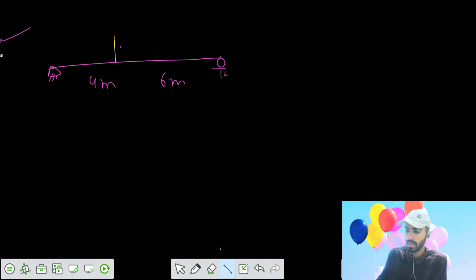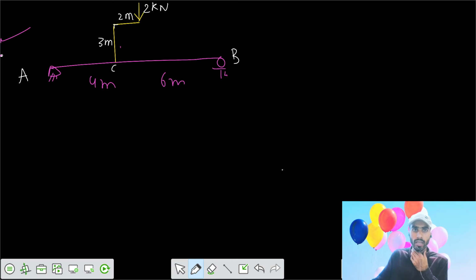You have plates added. Say this plate is a 3 meter length plate, and after that you have one more bar or plate of 2 meter. Then you have applied a force of 2 kilonewton, such that this bar is 2 meter and this bar is 3 meter. Then we need to get the shear force diagram and bending moment diagram of your beam AB.